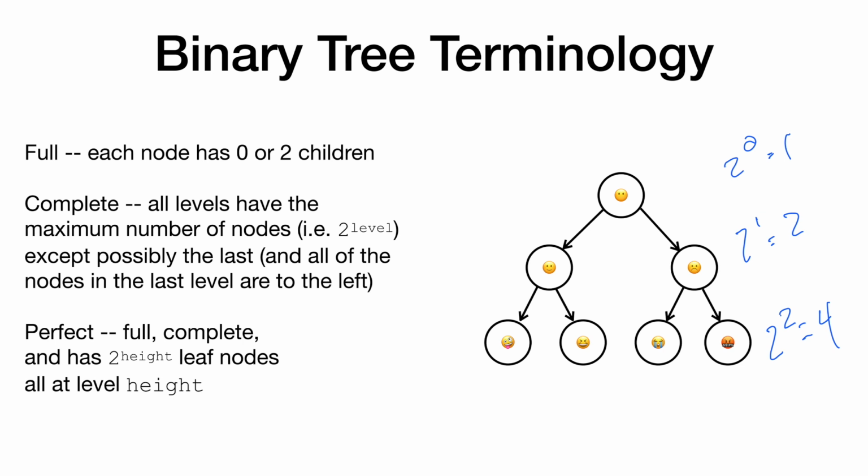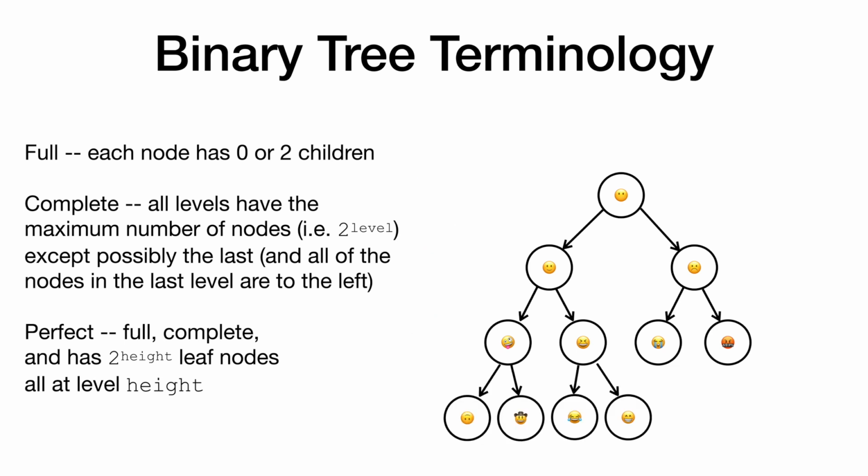Here the height of this tree was 2, so we need 2 to the 2 leaf nodes, and they all need to be at level 2. In this particular example, that's true. There's 1, 2, 3, 4 leaf nodes, and they're all at level 2. So we saw that it was full, we saw that it was complete, and we saw that it's perfect.